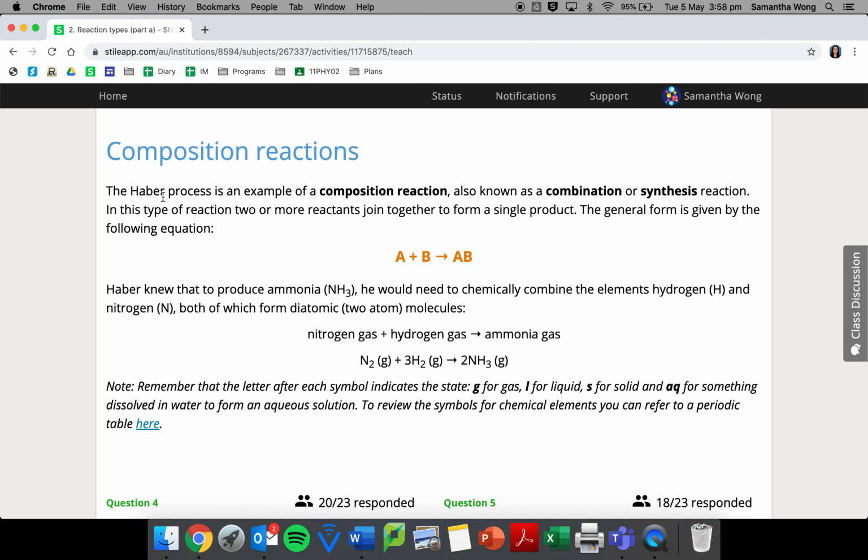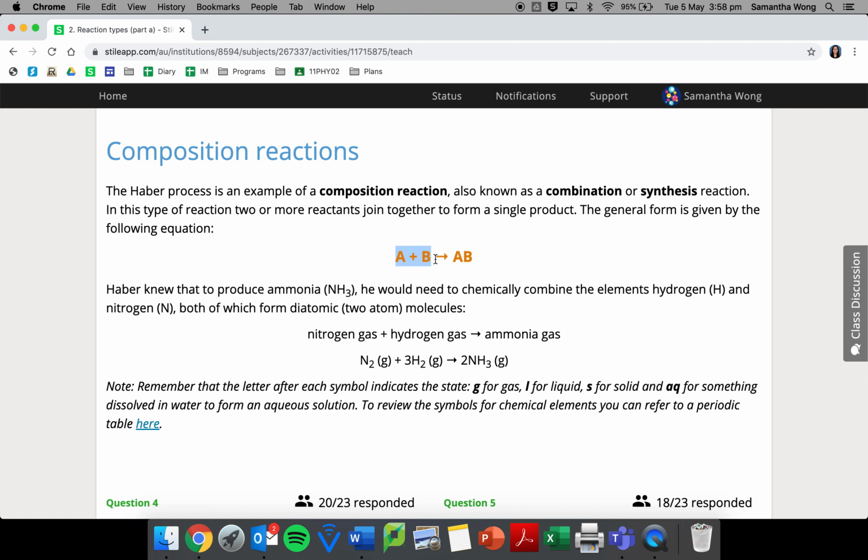So the Haber process is an example of a composition reaction, also known as a combustion or synthesis reaction. All of these words, composition, combustion, and synthesis, mean to create or to combine. So in this type of reaction, two or more reactants, so starting materials, join together to form a single product. So this part here is very important. The general form is given by the following equation.